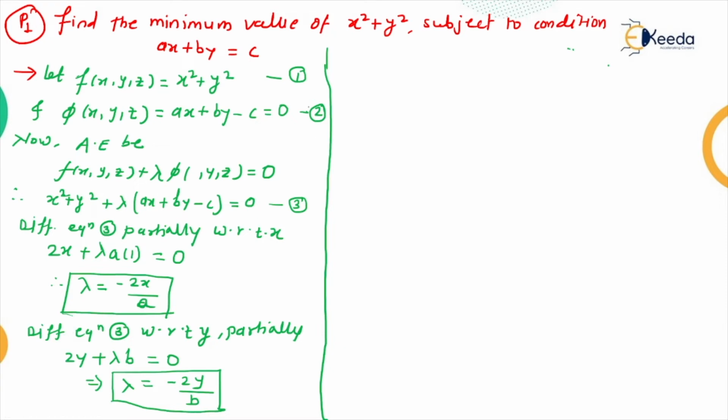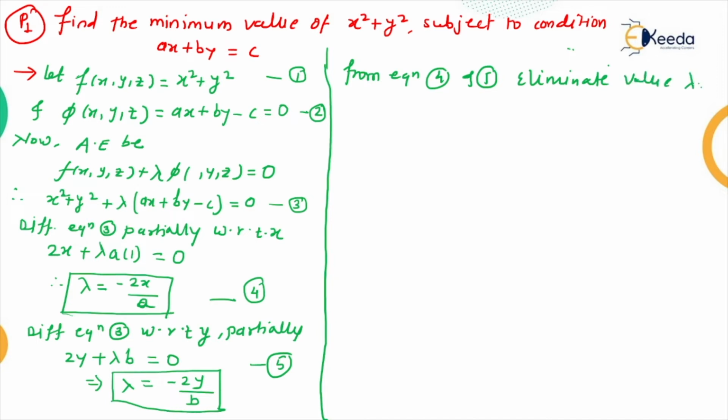Okay, for reference this is equation 4 and this is equation 5. From equations 4 and 5 we have to eliminate lambda. You see that the LHS is the same, that's why the RHS is also the same.